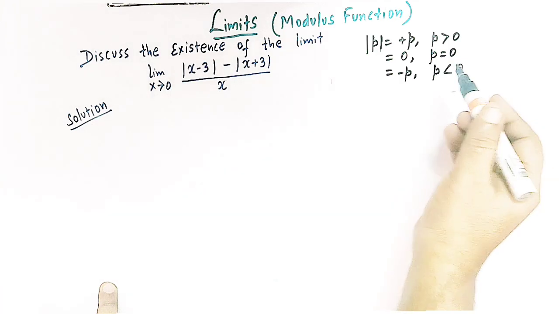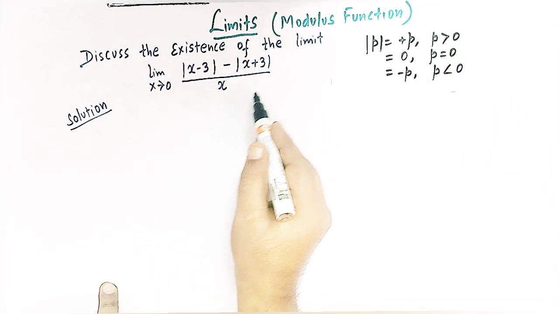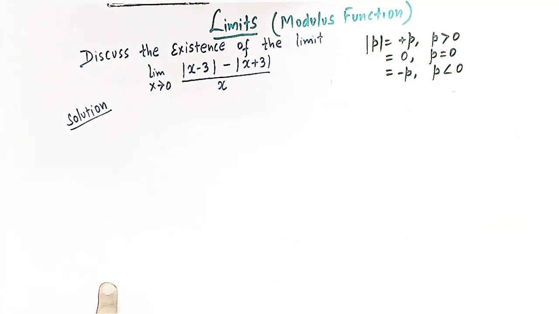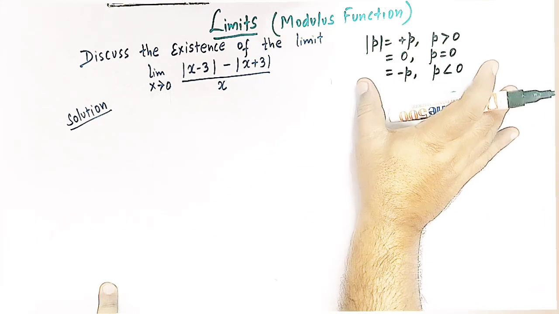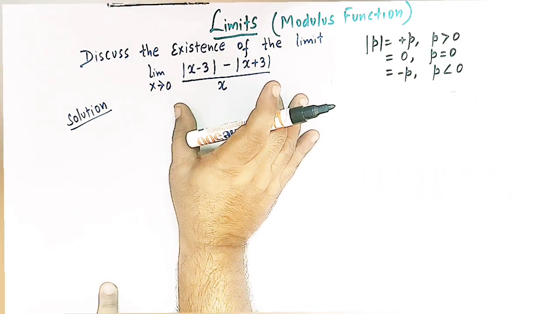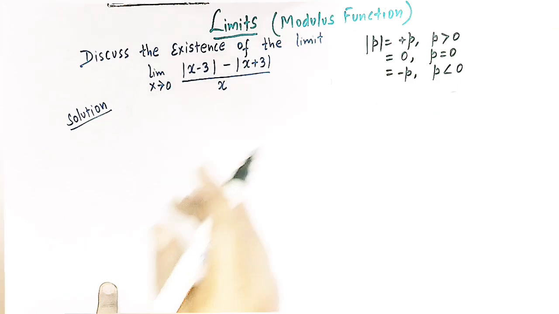So viewers, the solution of this limit lies in the definition of mod function. If we correctly apply this definition to find the right hand limit and the left hand limit, then we can draw the conclusion.